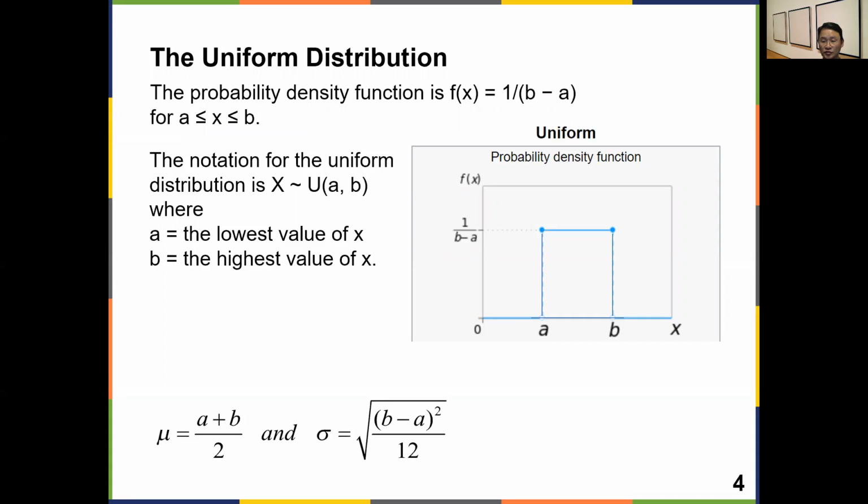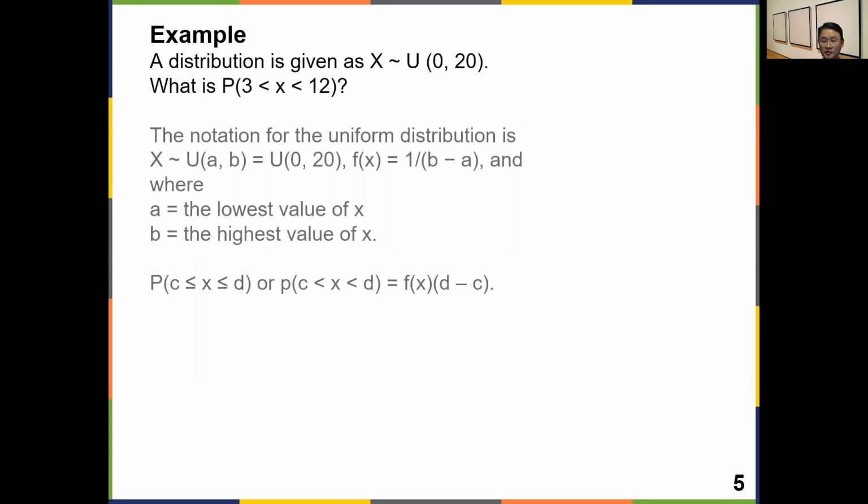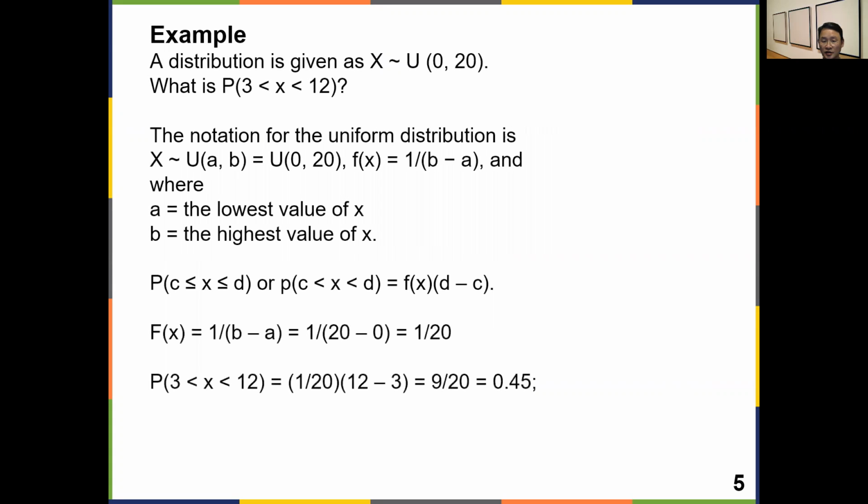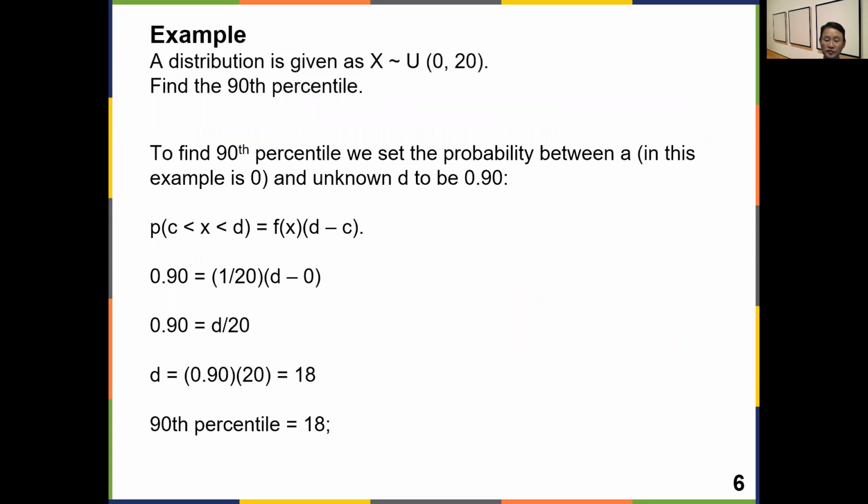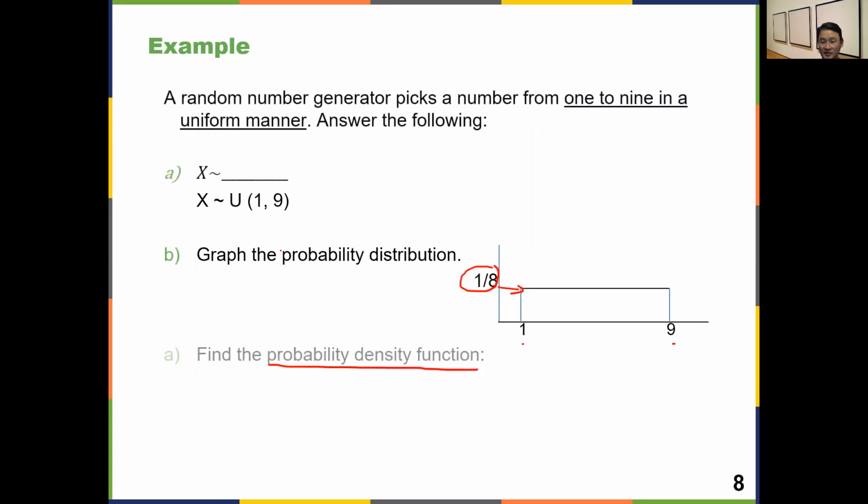Okay, so I think it was the one lecture before. Probability density function basically looks like this. The probability density function is that any interval between B and A over 8.